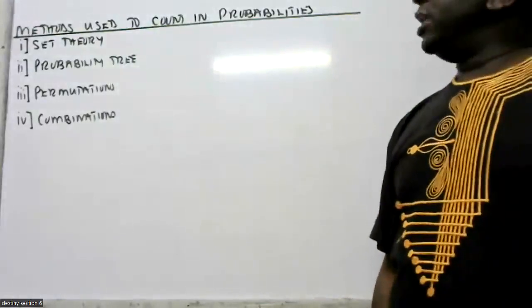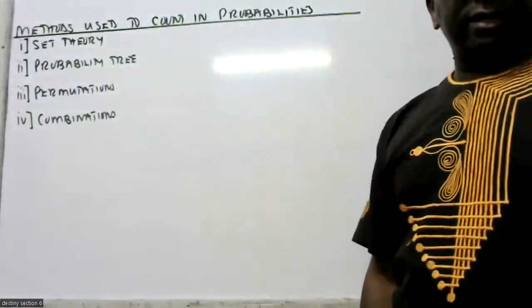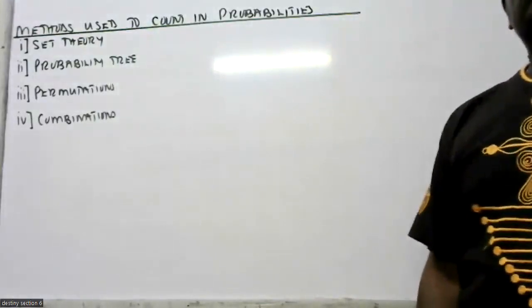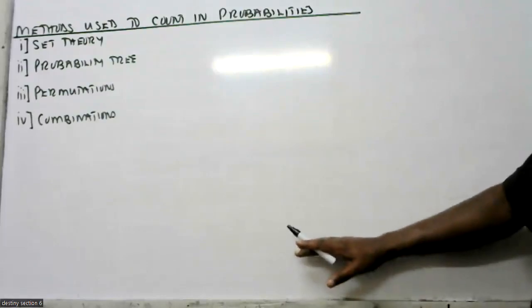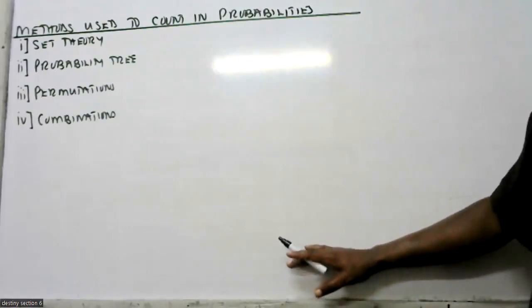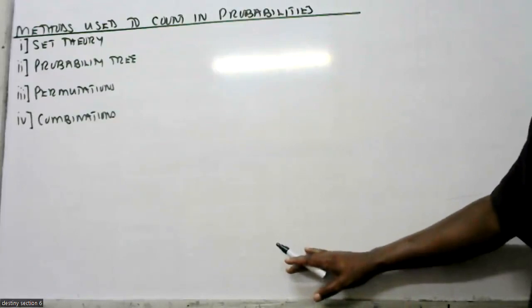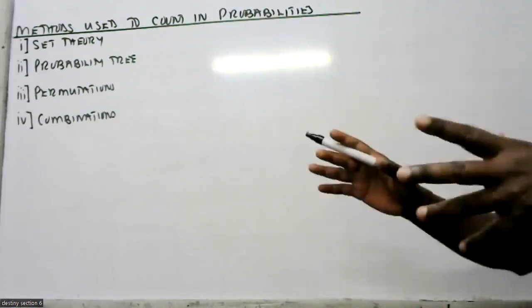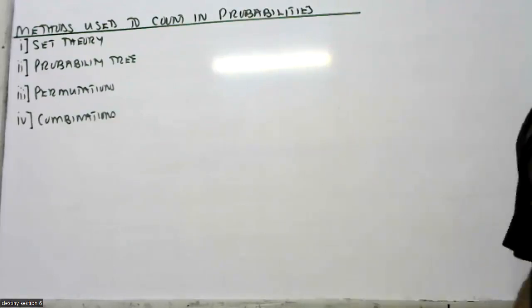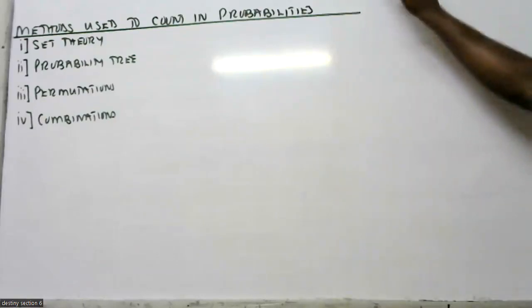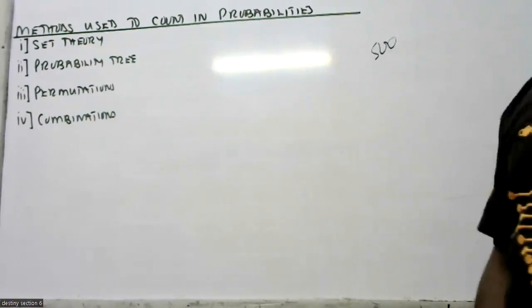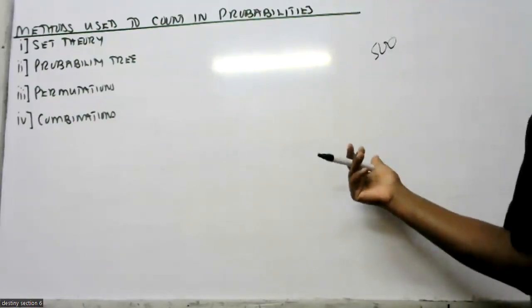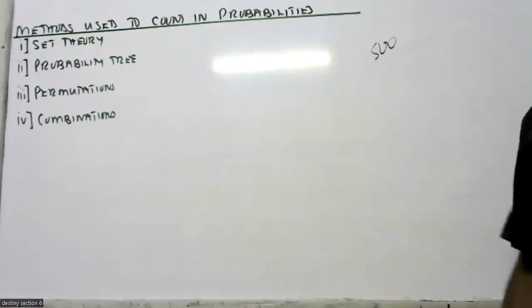We have just concluded probability trees, and if you have been told all the items were 500, then you just take the 500, you multiply by that probability, and that will tell you how many items.